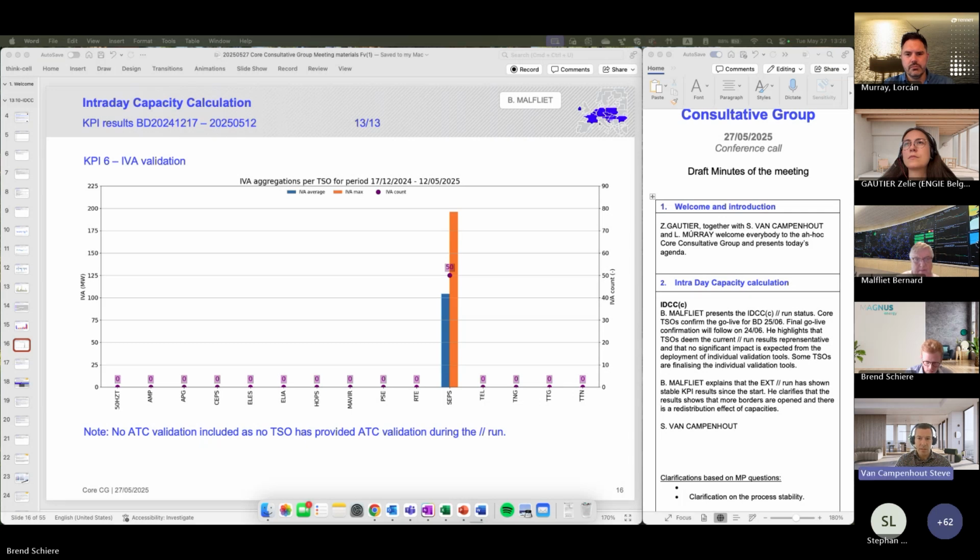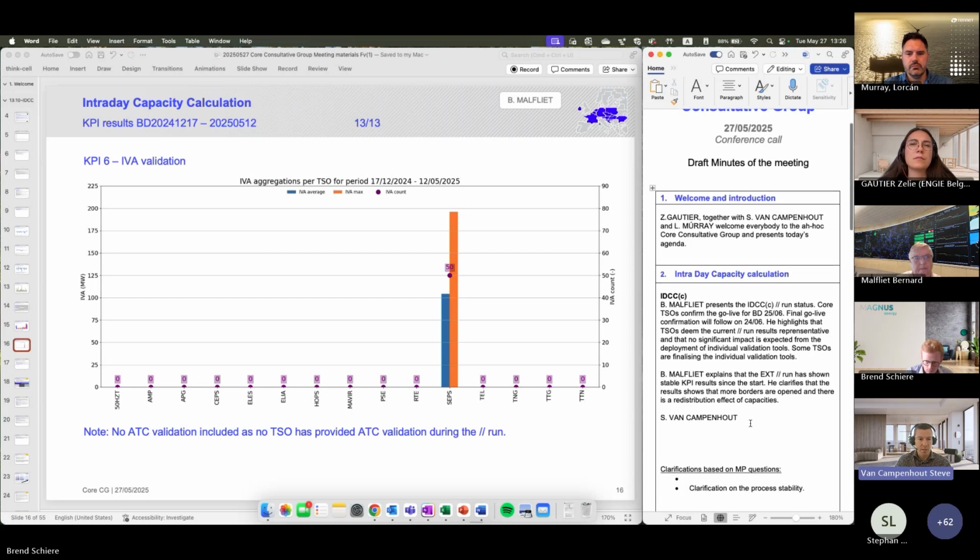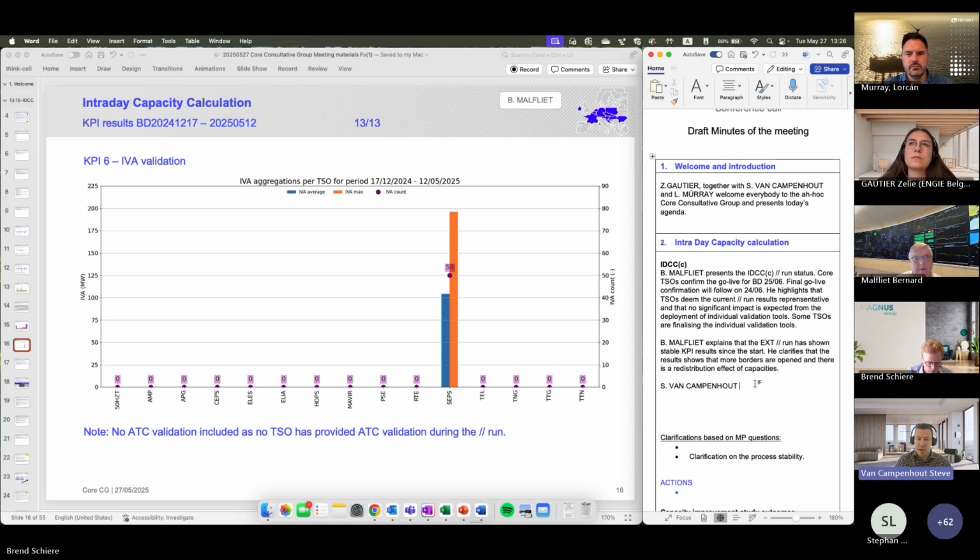Yes, indeed. Thanks, Bernard, for this elaboration. One thing I wanted to add: we've added these distribution KPIs following the last conversation we had in the previous CG, to support our claim that the decrease in the average that we were showing before actually results from the fact that we now have more moments where more borders are opened.